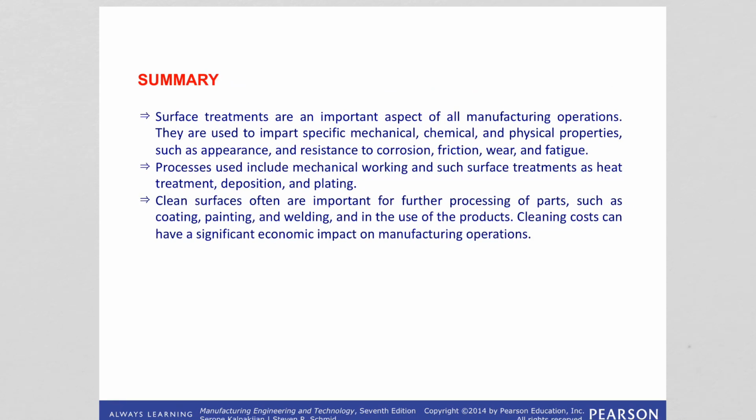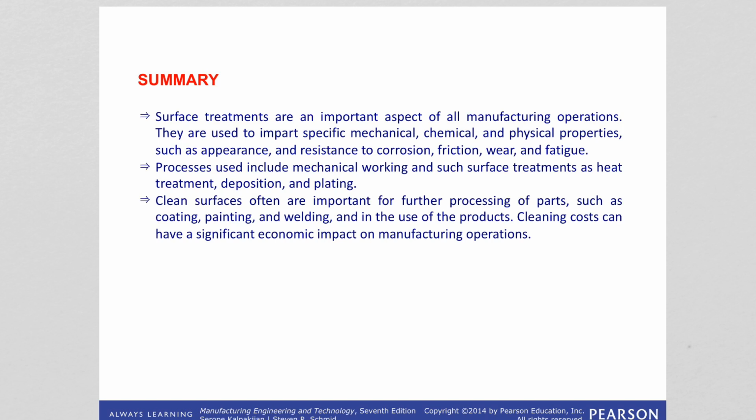So the summary here is we learned about surface treatment processes, and we have learned that the purpose might be different behind the surface treatment. It can be to increase mechanical, chemical, or physical properties, or it can be just providing corrosion resistance, wear resistance, or fatigue resistance.